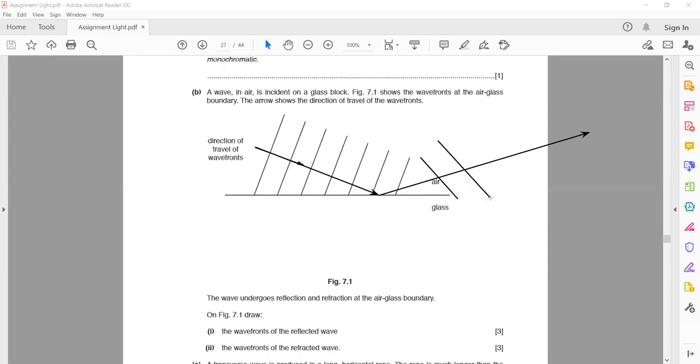And how we show refraction? Refraction means when the wave travels from one medium to another. So when the light travels from air to glass, it will bend towards the normal. If I draw this yellow line, it represents a normal.